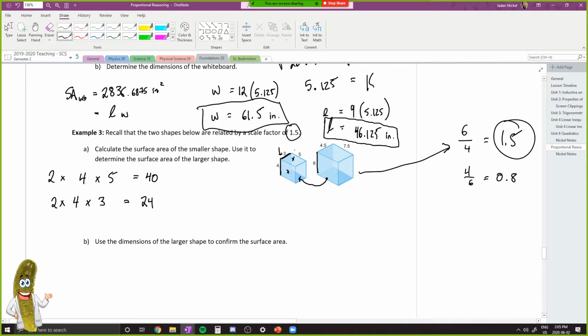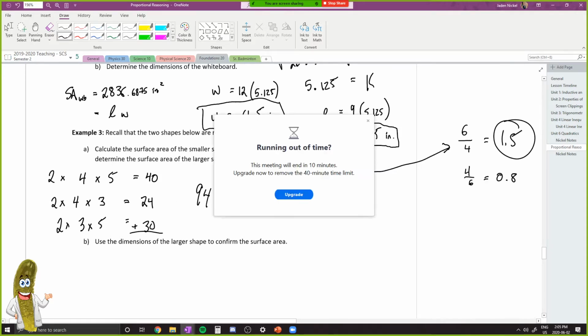And then the only side that I'm also missing here is this 3 by 5, this top section here. And I know that I need 2 of the 3 by 5. 3 times 5 is 15, times 2 is 30. I then would add those 3 different numbers together. Again, it's like adding the surface area of all 6 sides together, and when you do, you get 94.